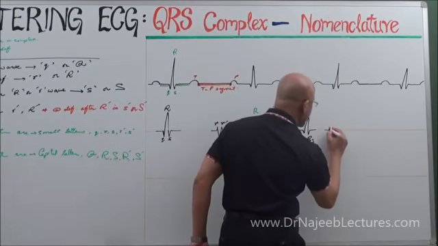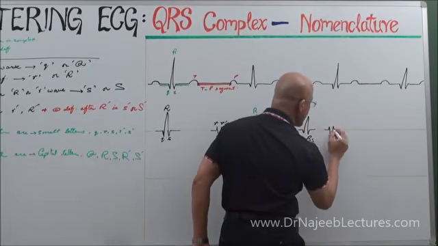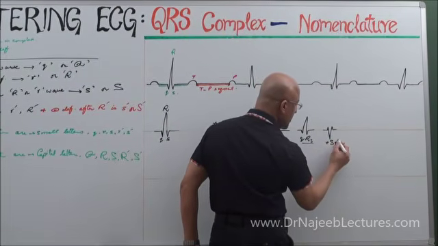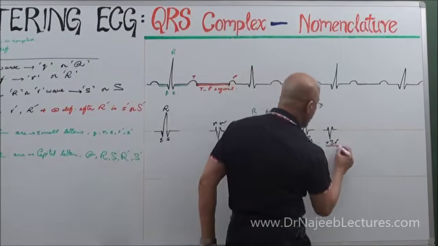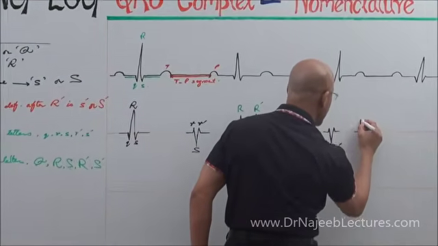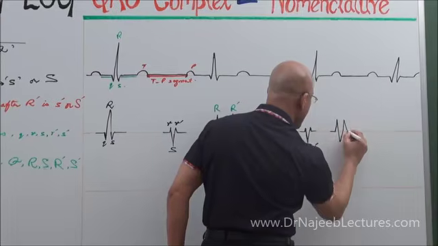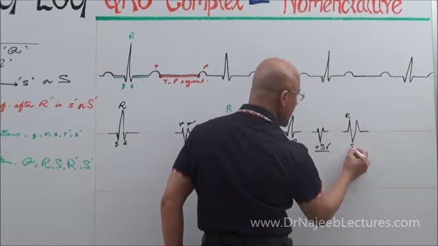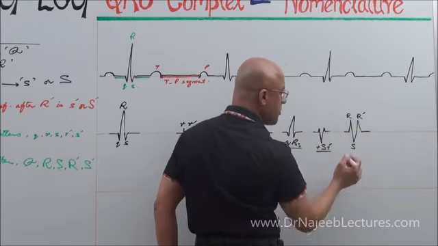Then I will again repeat. What is this? R, S capital, R complex. Then I make what is this? R, S, R prime complex.